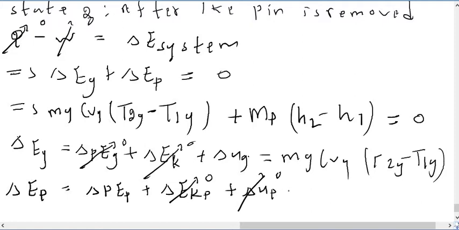So the change in potential energy will be what? That is mg. So there is g here, sorry. So we have mp, that is the mass of piston, g, change in height, that's why we put change. So we have h2 minus h1. So that is it.